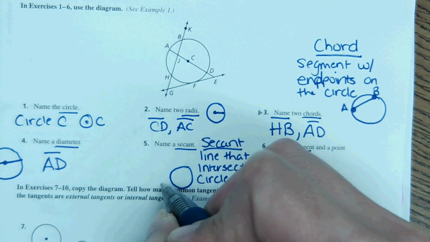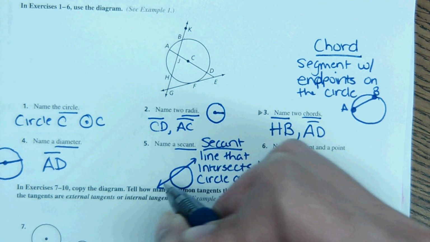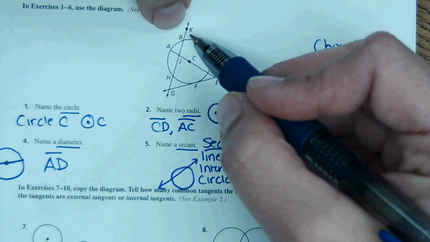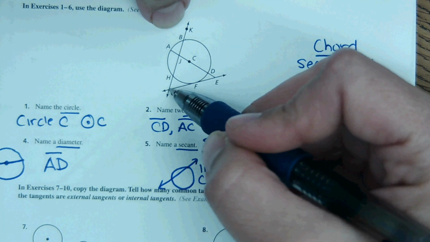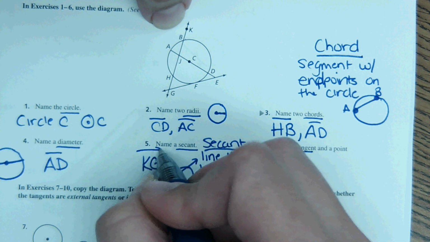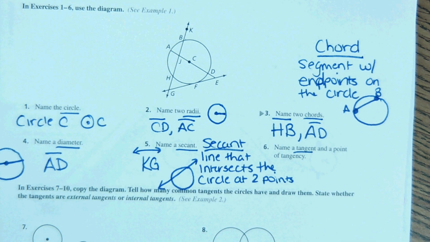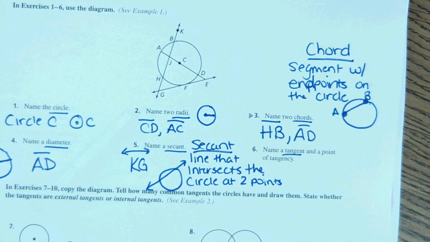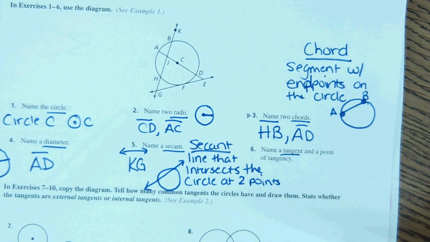So if you have a circle, a secant looks like this. And in our diagram, a secant would be like line KG. And there's also practice on this on Alex too.